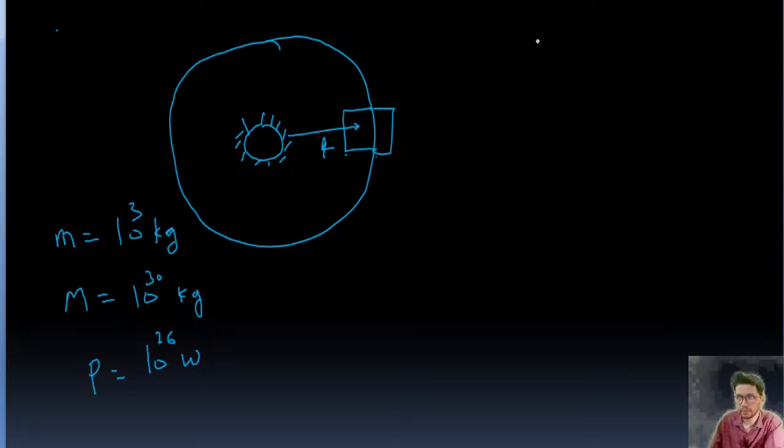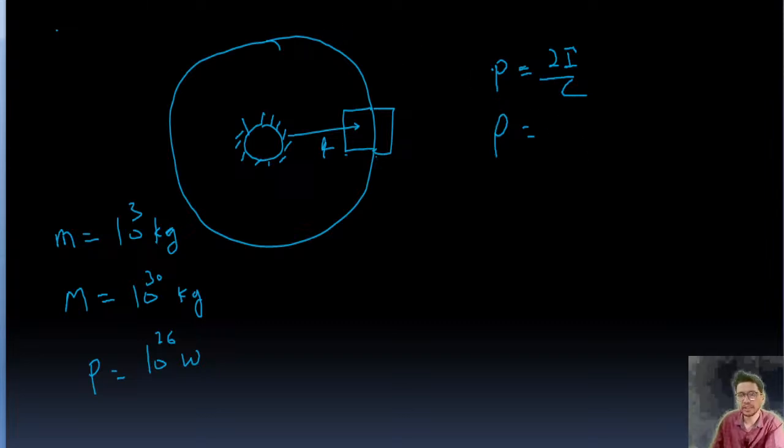For complete reflection, the radiation pressure is 2I upon c, and for complete absorption, the radiation pressure is I upon c.